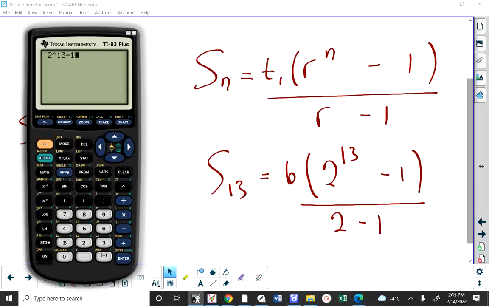I would actually probably, if I were in school back then and I had this problem, I would go 2 to the 13 equals, and then I would go minus 1, and then I would multiply by 6, and then I would look at the denominator of this expression and understand that it's a waste of my time to continue because 2 minus 1 is 1, so when I divide by 1, you're going to get the same number. So the answer to the question is 49,146.